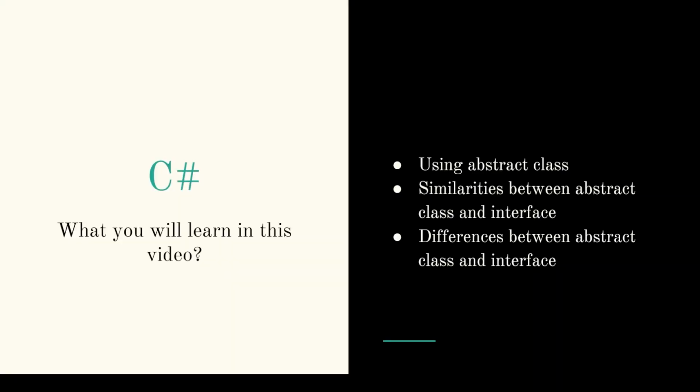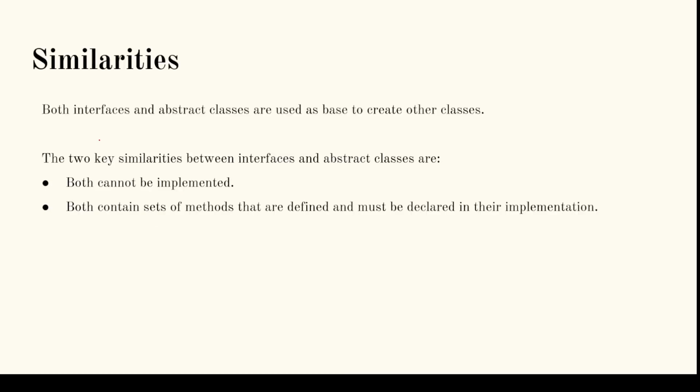Now let's first try to understand what the similarities are between an abstract class and an interface. Both interfaces and abstract classes are used as a base to create other classes.